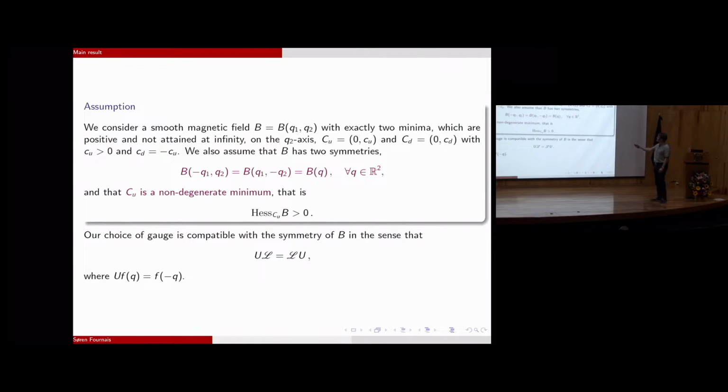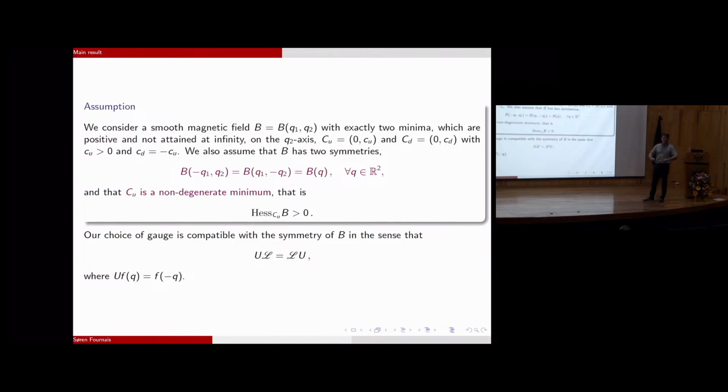The assumptions are that we have a smooth magnetic field, so smoothness in all variables is necessary, and it has exactly these two minima that my example has, an upper point and a lower point, and the magnetic field has the symmetries that my examples had, namely under reflection in the Q2 axis and in the Q1 axis. So I have these two symmetries, and these minima are non-degenerate.